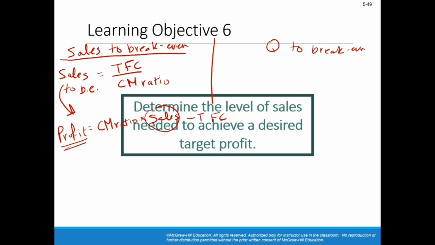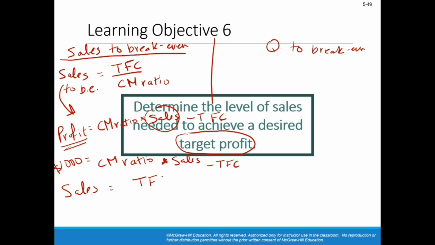Now, if we want a target profit, assume that we want $1,000 in profit, not a zero. So we do the same. This is CM ratio multiplied by sales minus total fixed cost. Now solve for sales. Sales is equal to total fixed cost plus the $1,000 targeted profit divided by CM ratio.